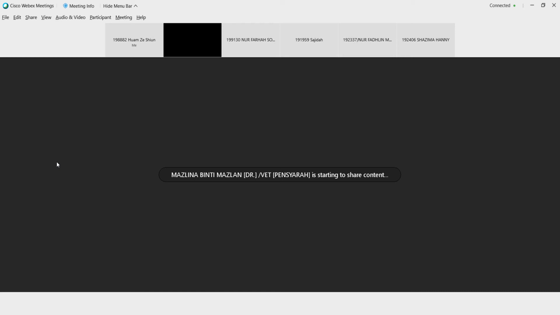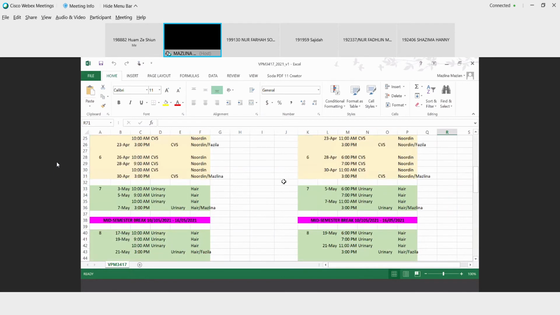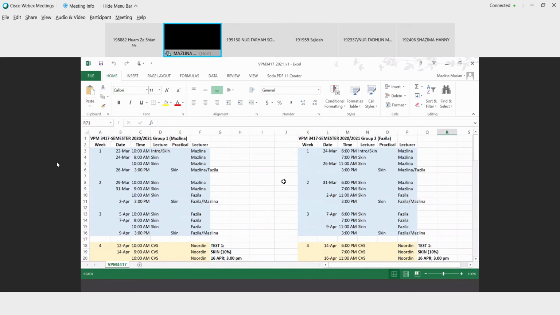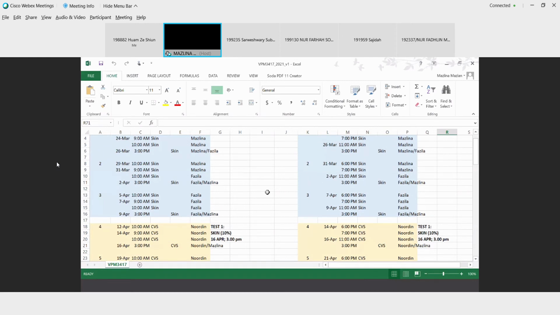For this one, as I mentioned, we have 5 different systems. The first system is the integumentary system, which will be covered by myself and Dr. Fazila. You guys can see the screen, right? The Excel? Yes, Doctor. For now, lectures will be conducted 100% online, but the practical session is supposed to be face-to-face.